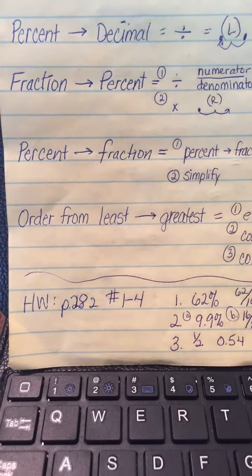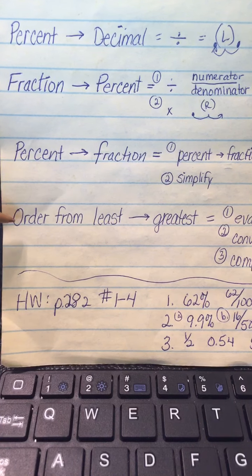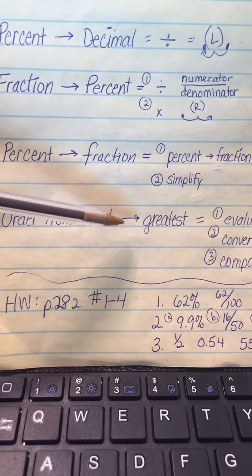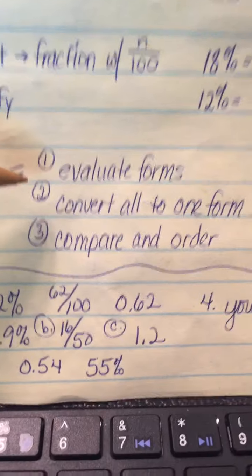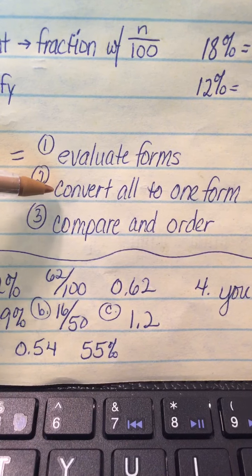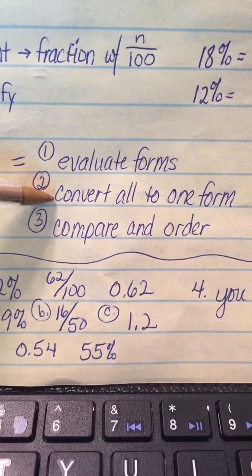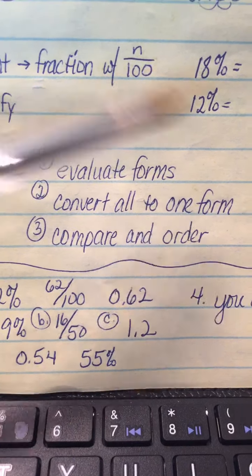All right. And then last but not least, when you're ordering information from least to greatest, here are your steps. 1, you need to evaluate the forms. Then 2, convert all of the forms to one form, which we did.